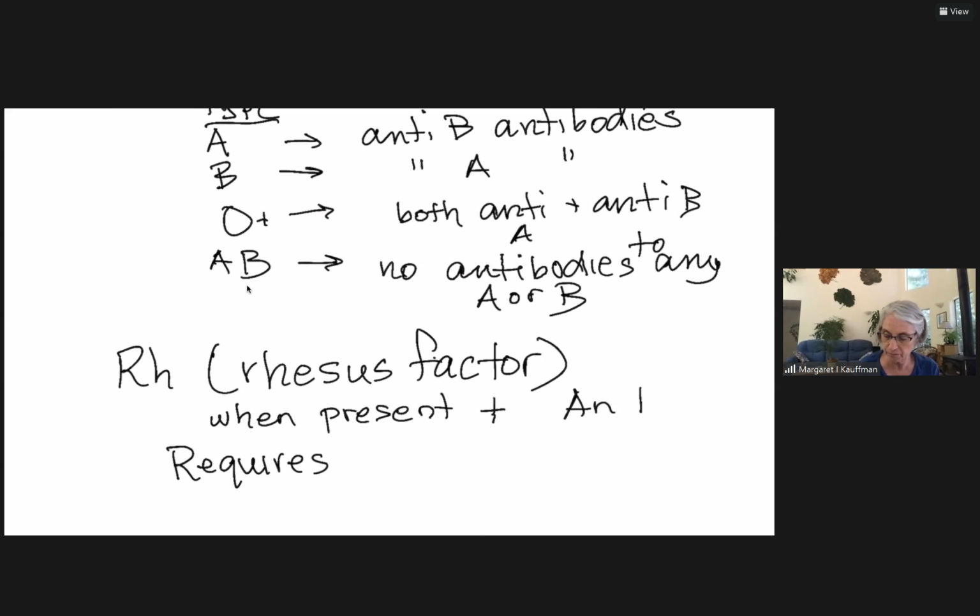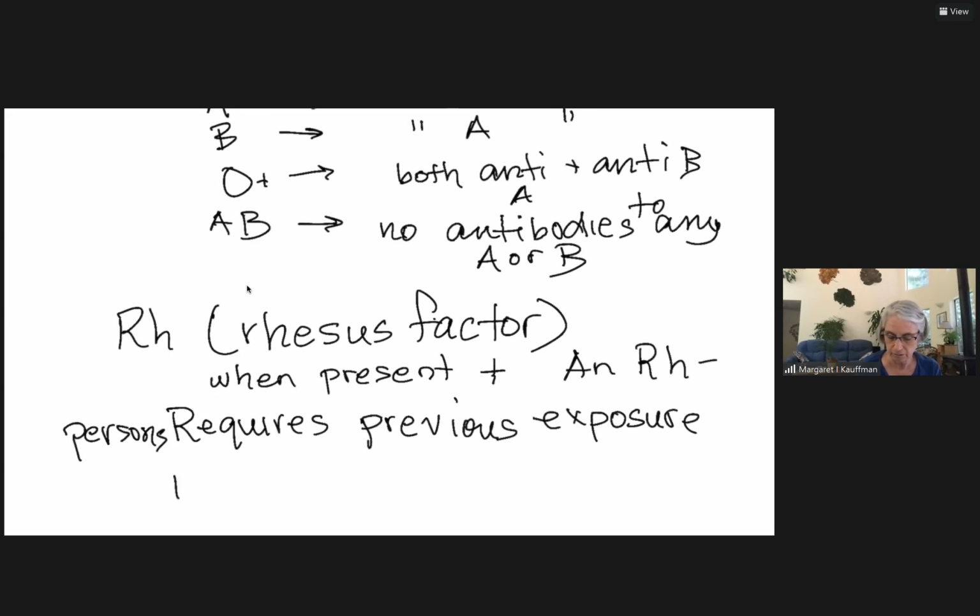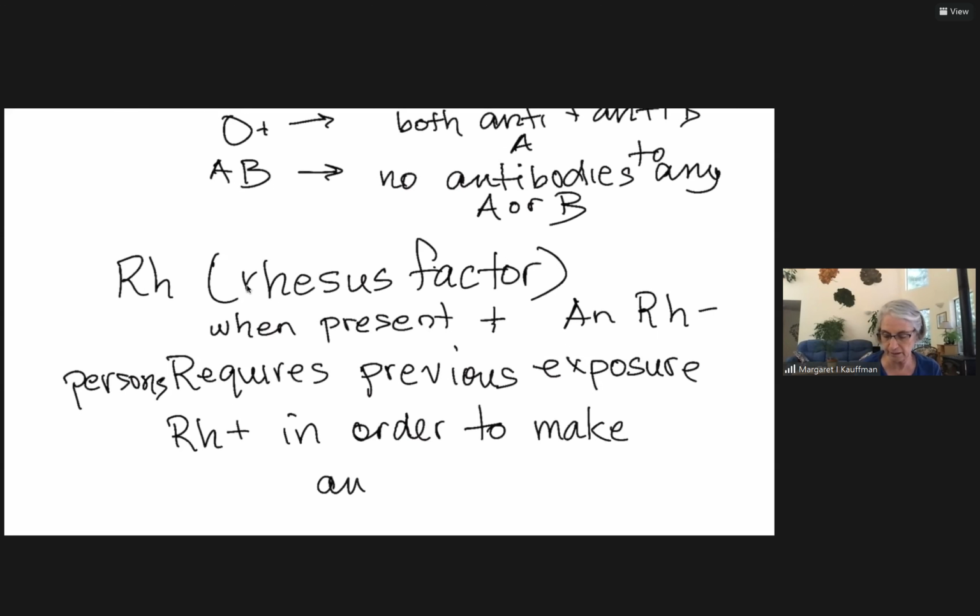An Rh negative person requires previous exposure, and the video talks about this, to an Rh positive in order to make antibodies, which would be anti-D antibodies, you could also call them anti-Rh antibodies.